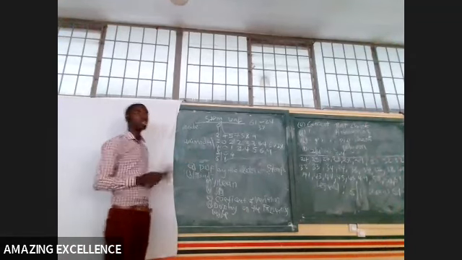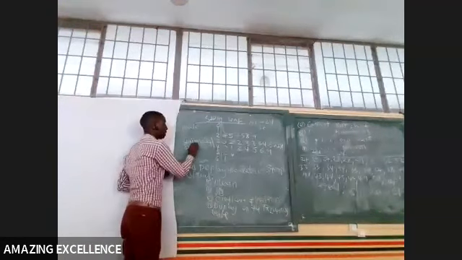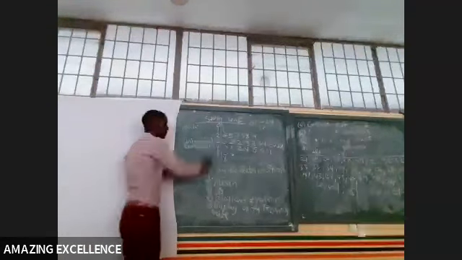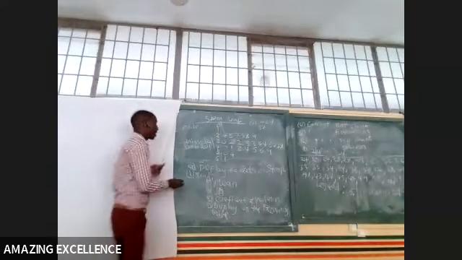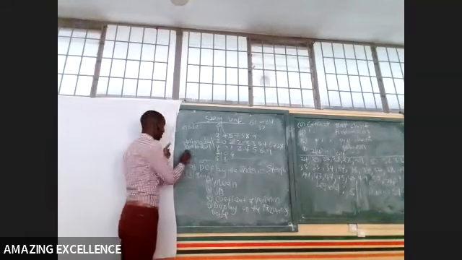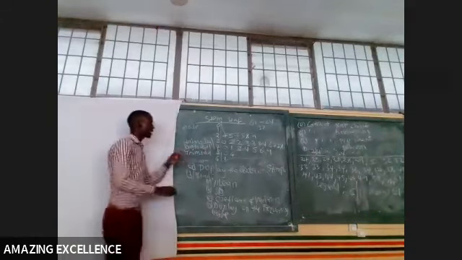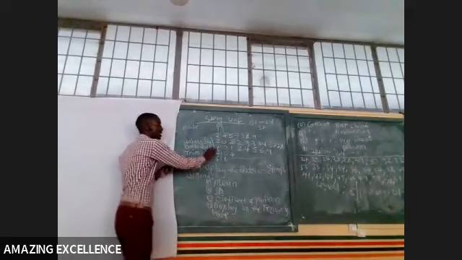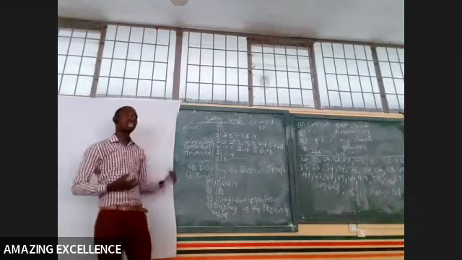If you have 2 modes, the data set is said to be bimodal, because bi means 2. If it has 3 modes, it's said to be trimodal.